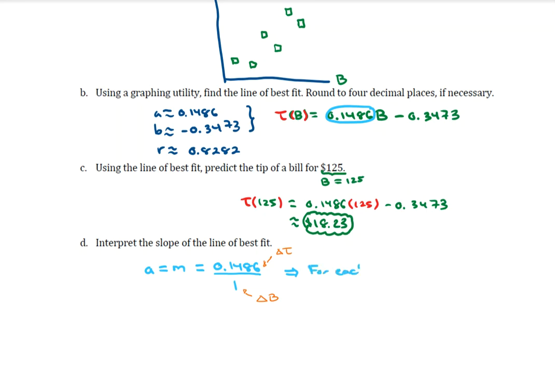For each increase of $1 in the bill, the tip increases by about $0.15 or 15 cents.